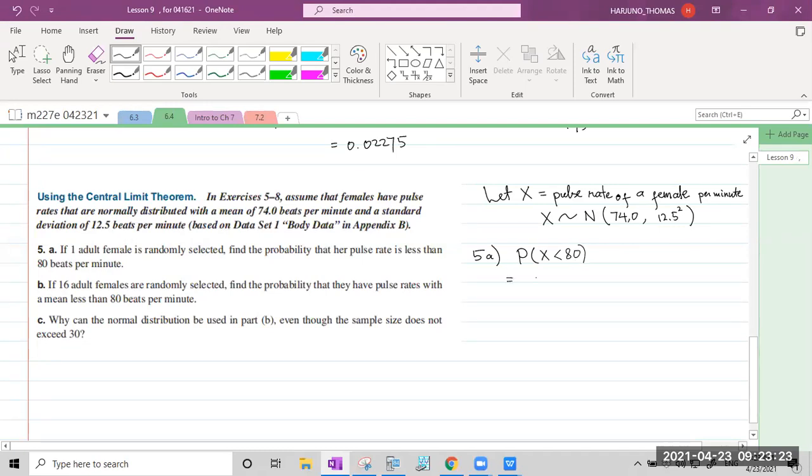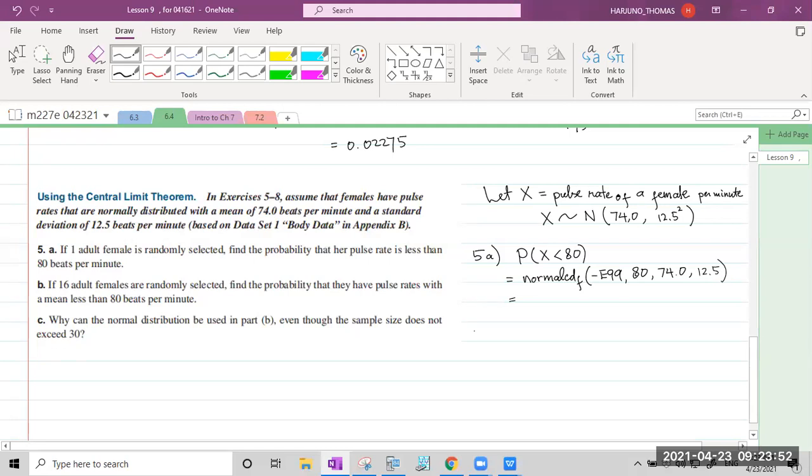That's the probability notation. The calculator notation will be normal CDF. Negative infinity is the lower bound, 80 is the upper bound. The mean is 74.0, standard deviation 12.5. Now I hope you can compute that. I will let you compute that later on.